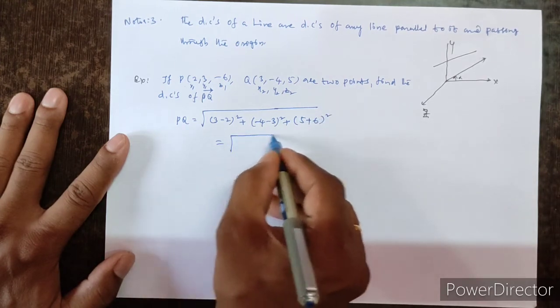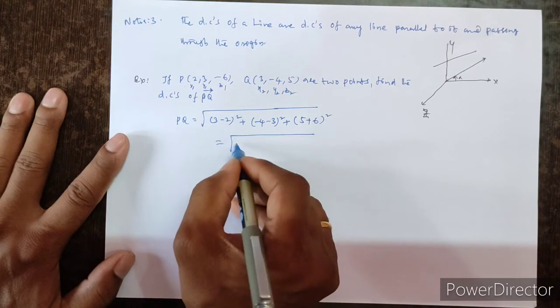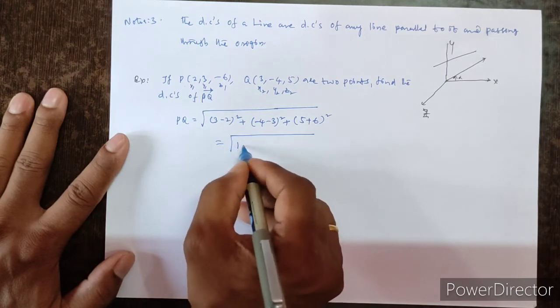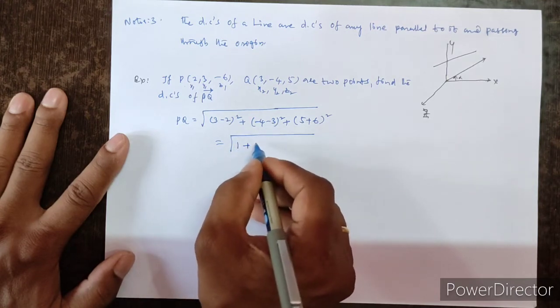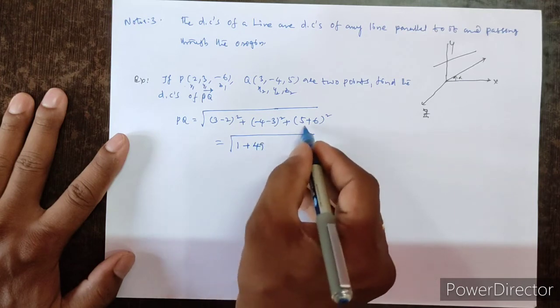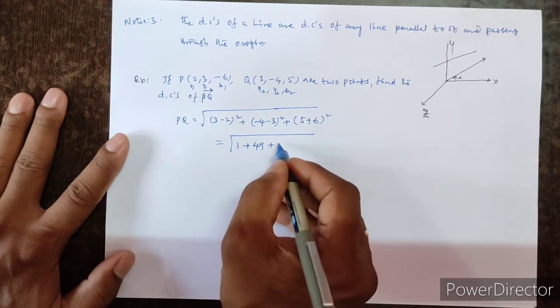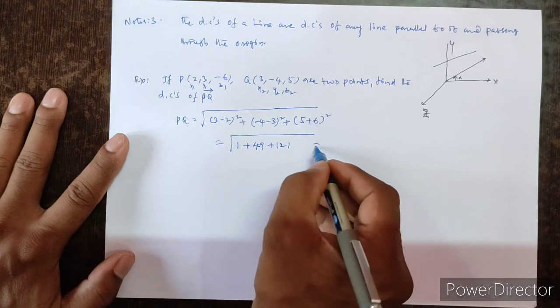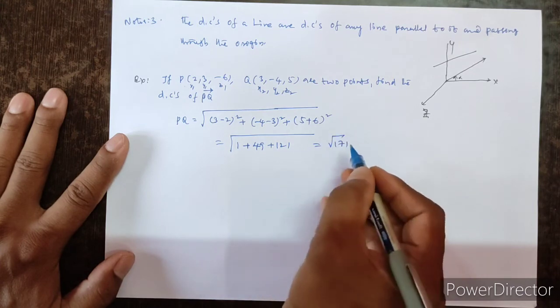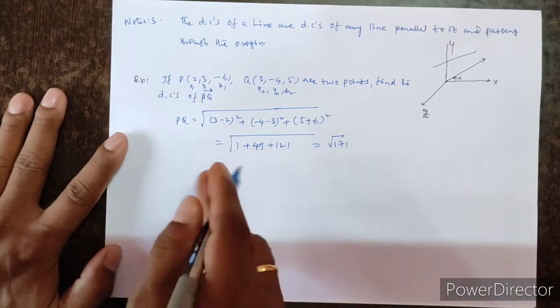That equals root of 1 square, which is 1, minus 7 square, which is 49, 5 plus 6 is 11 square, which is 121. That equals root 171, which is r.